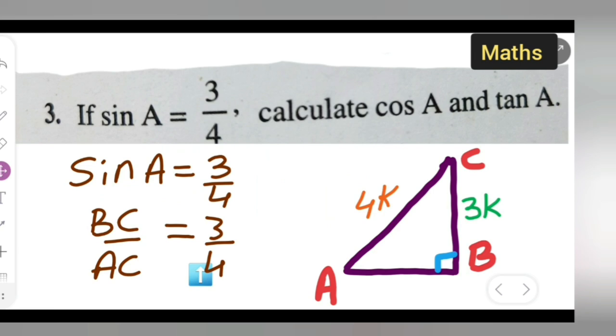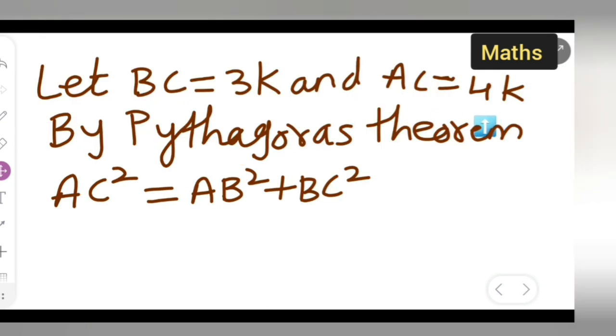I have taken a triangle ABC, where B is 90 degrees, BC is 3K and AC is 4K. Opposite of A is nothing but BC, that's why it's 3K, and AC is the hypotenuse, 4K. So we have taken this first step. I hope you have understood.